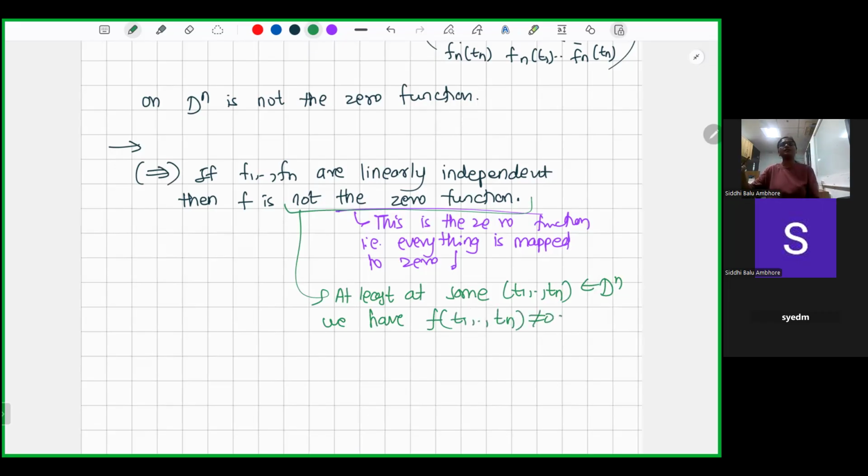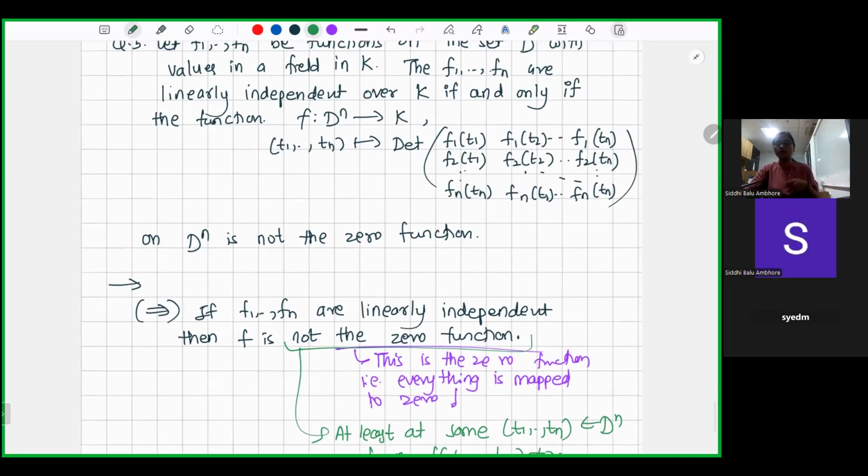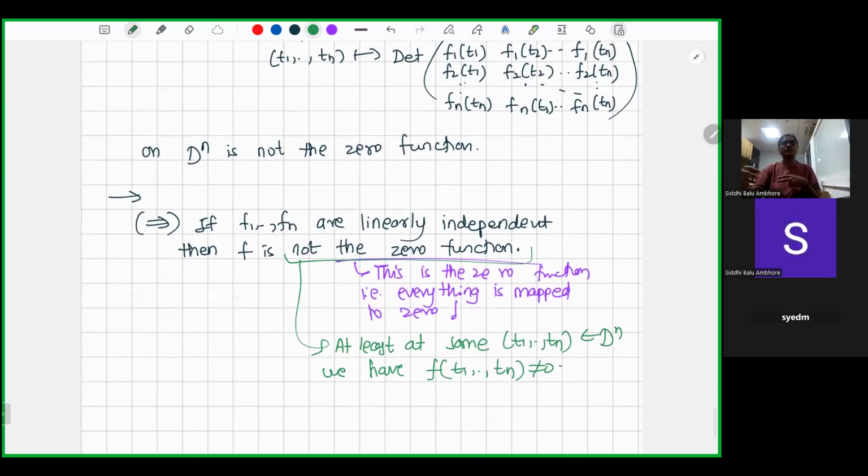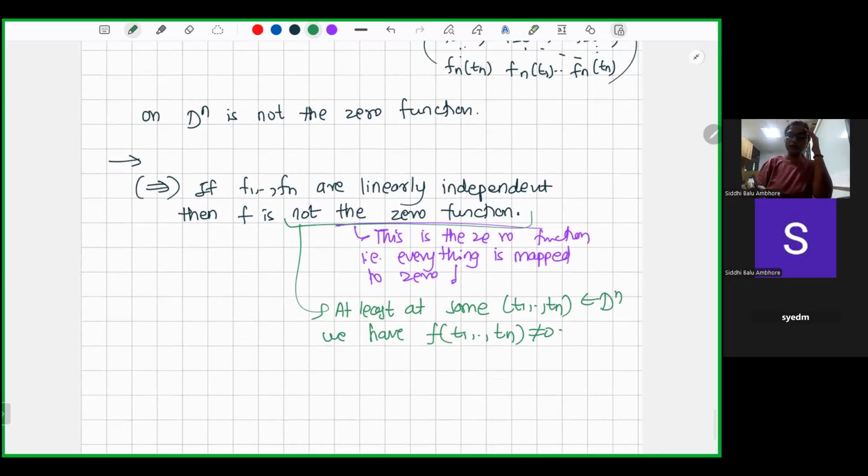That's what it means for this function to be not the zero function. There are two different things. Not the zero function means at least at one point it has to be non-zero.